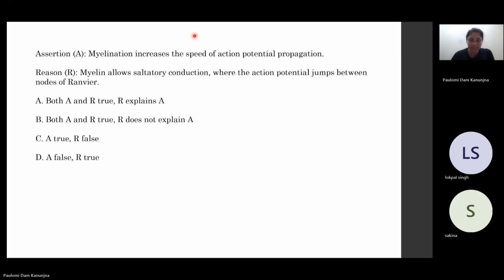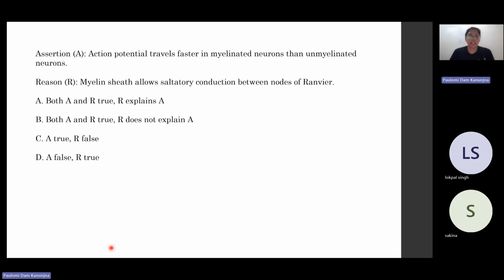Yes, exactly. A, right? Because that's what we have discussed. Because of the nodes of Ranvier, it can jump quickly. Next, action potential travels faster in myelinated neurons than unmyelinated neurons. Myelin sheath allows saltatory conduction. So it's basically the same kind of question.